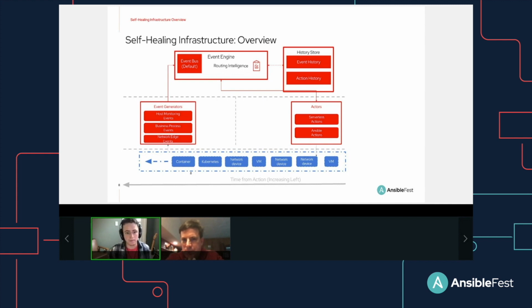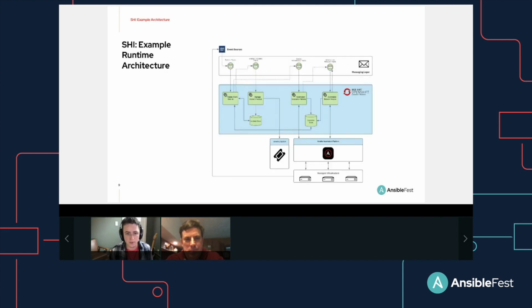So that's the high level architecture, but I want Mike to take everybody through the more detailed technology that we used at our previous customers. Sure. So I'm going to show you a couple slides that talk about an example architecture for SHI, and really at a very high level, there are two components that are important when you're constructing a self-healing infrastructure architecture.